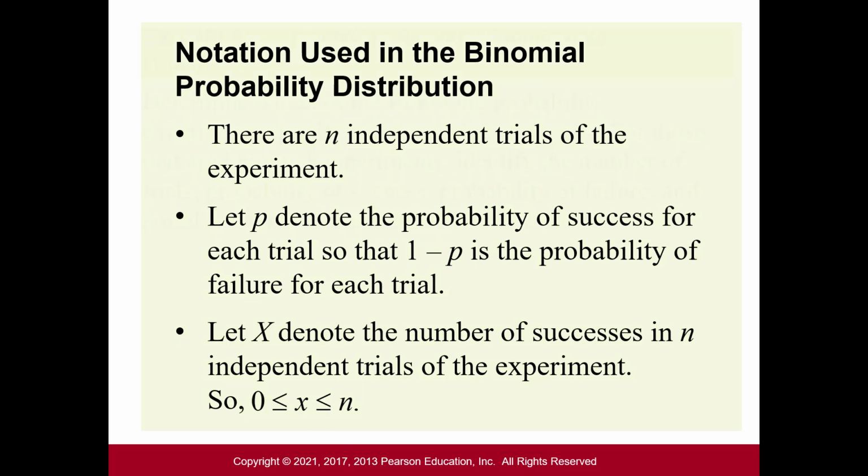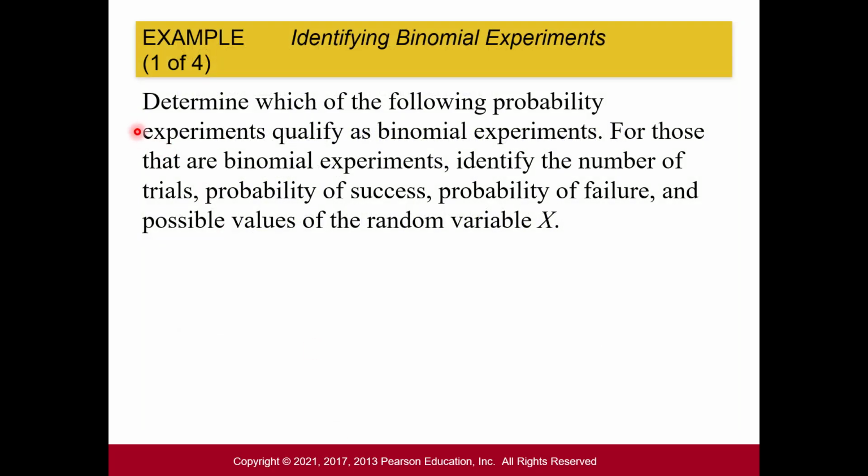So first example, determine which of the following probability experiments qualify as a binomial experiment. So this is using our criteria that we discussed, the four things that need to be true. For those that are binomial experiments, so first we have to figure out if they are or not.